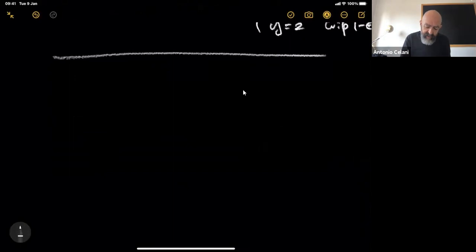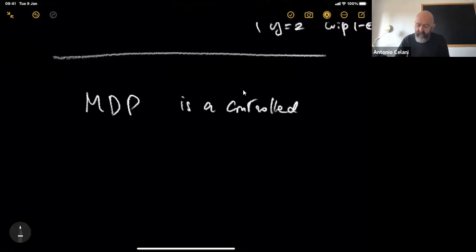A Markov decision process, broadly speaking, is a controlled Markov chain. So you have a Markov chain, a process which goes from one state to another, and you have a series of parameters, which is the policy, which lead you to control this Markov chain. Just like you have a dynamical system, and you have some forces over which you act in order to steer your system in one direction or the other.